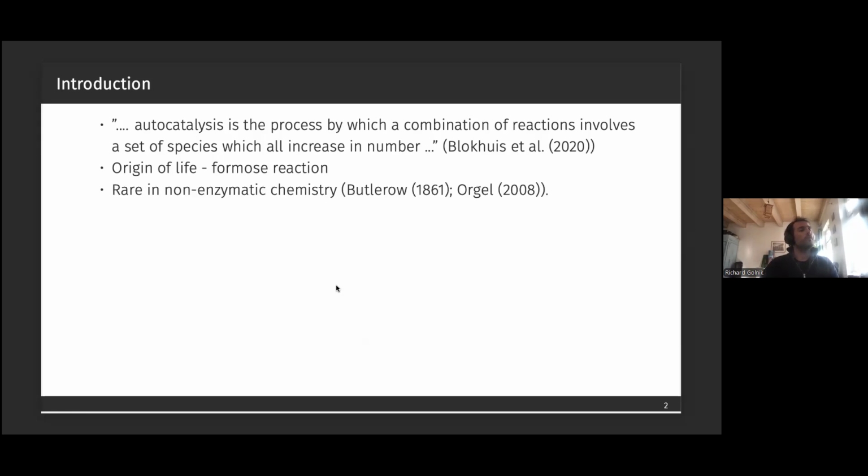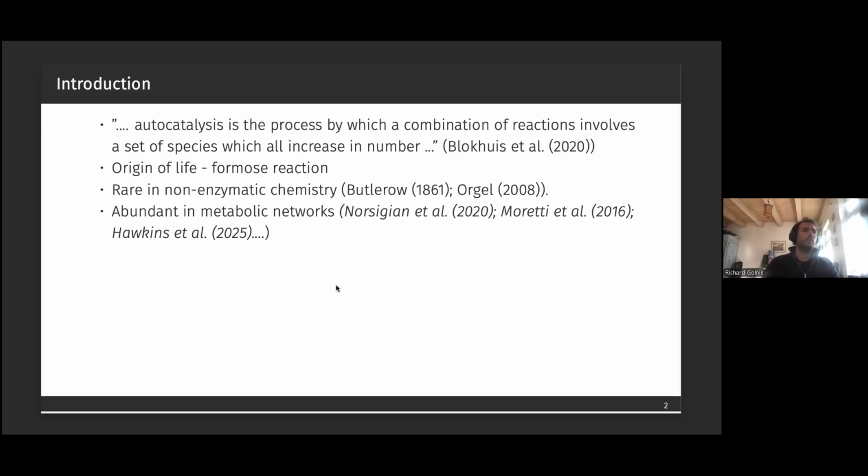But it was repeatedly claimed that it is actually rare in non-enzymatic chemistry, but abundant in metabolic networks. And the question was, can we find a mathematical framework in order to make the enumeration of autocatalytic subnetworks feasible, so that system biologists or system chemists can use a tool in order to analyze their networks they like the most.